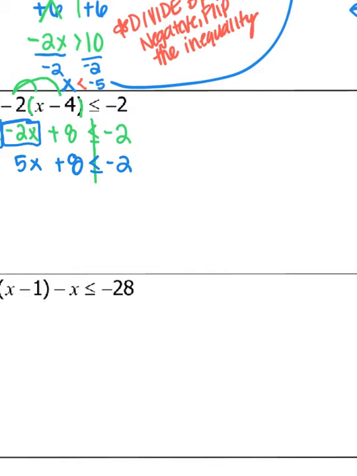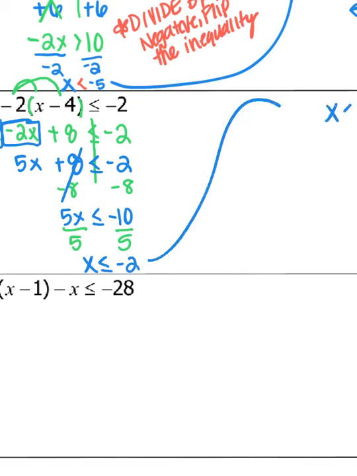I am then going to get rid of this positive 8 by subtracting 8 from both sides. I'm left with 5x, the 8's cancel, is less than or equal to negative 10. Divide both sides by 5. I'm left with x is less than or equal to negative 2.